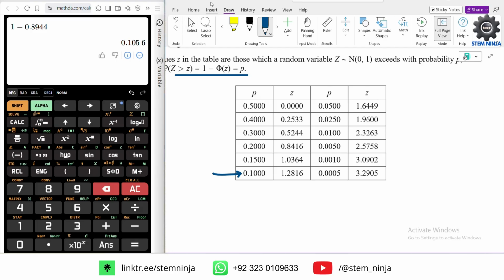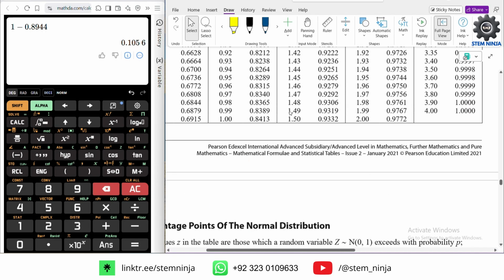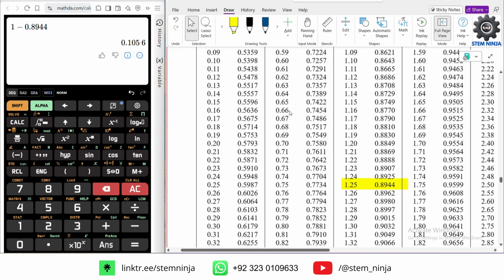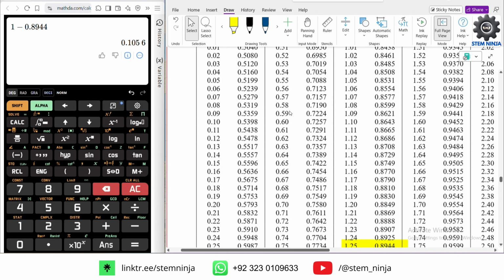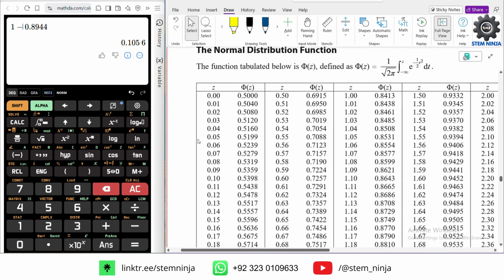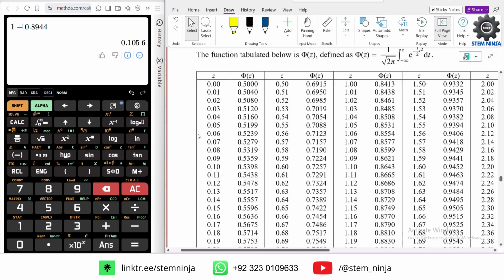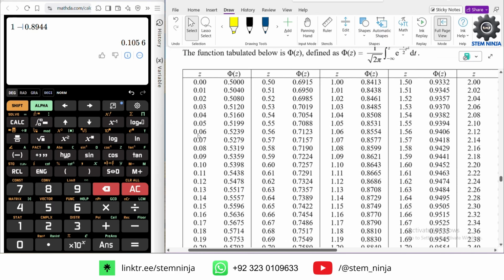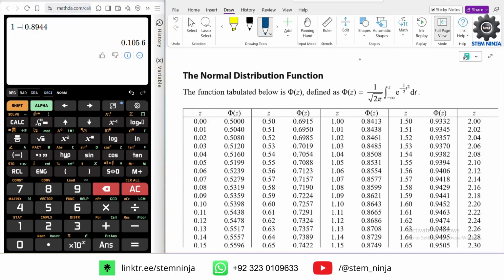So go back to the paper. Actually, we can find out the same value if we use a little bit of linear interpolation also. So for 0.1, we need the value less than 0.1, but we can't have it obviously because 0.1 is less than 0.5, so we still need the 0.9 for that. So how can we know this?